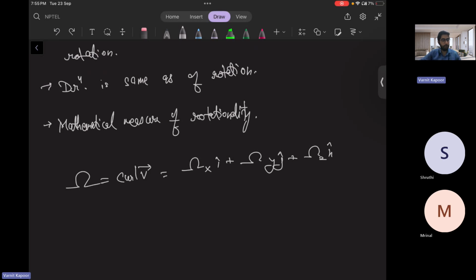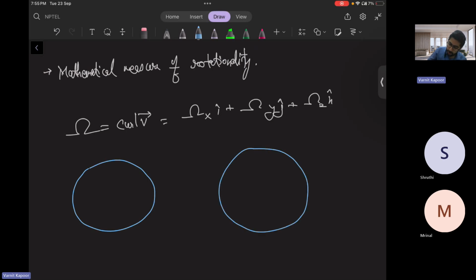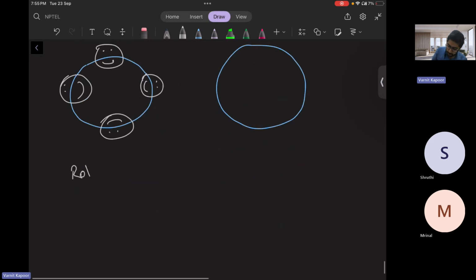So for a rotational flow, my omega will be non-zero as well as vorticity will be non-zero.